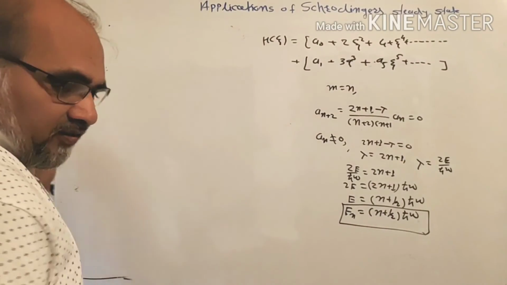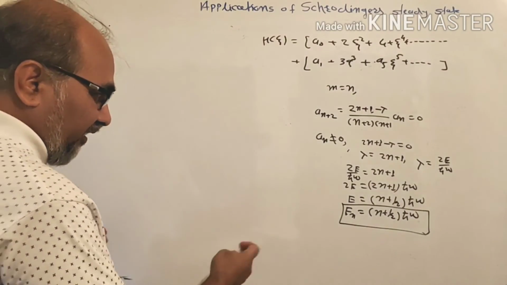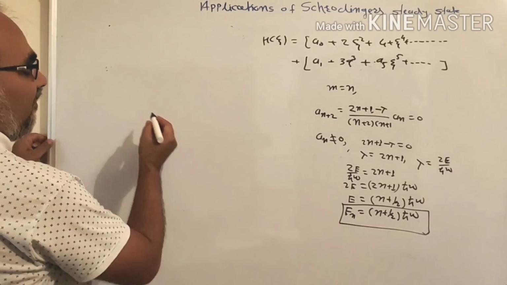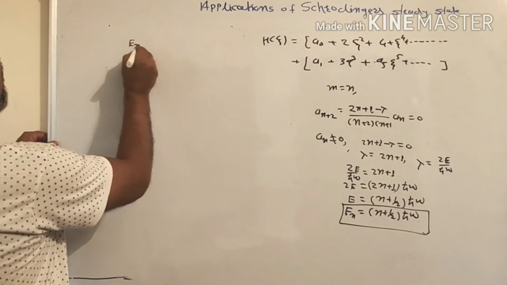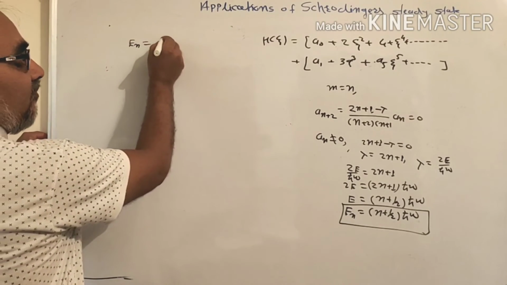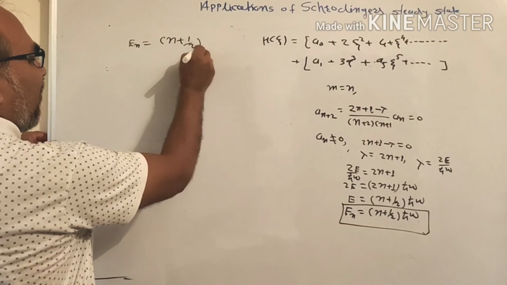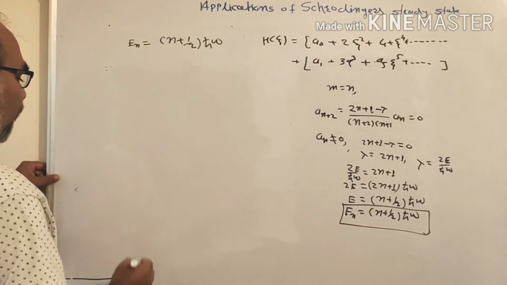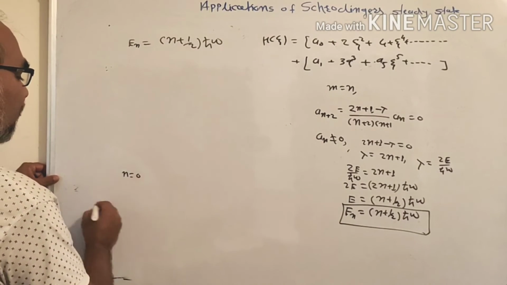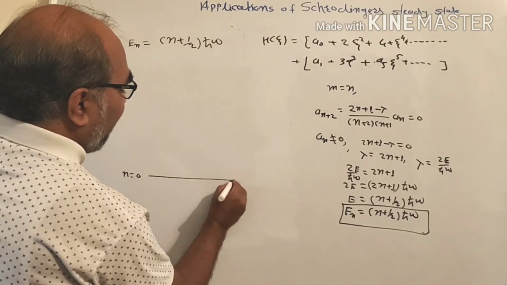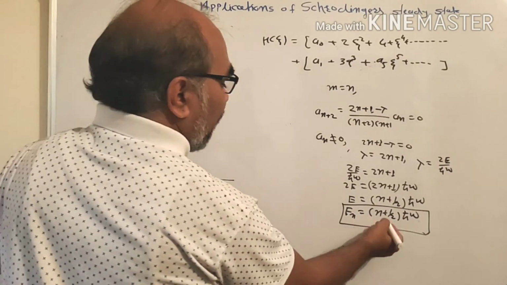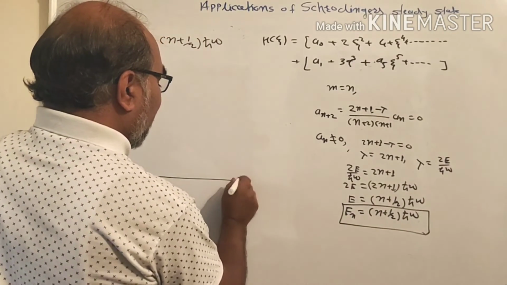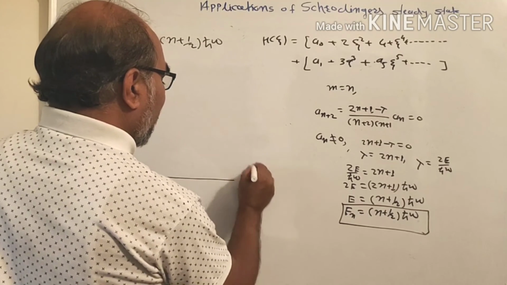If you put n equal to 0, then En is equal to n plus 1 half h cross omega, and we have the ground state energy, which becomes 1 half h cross omega.